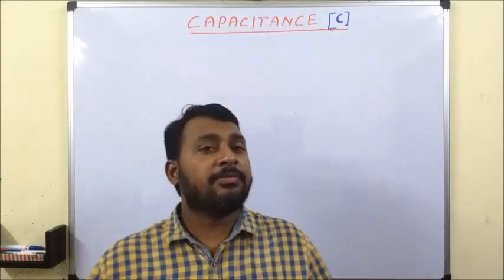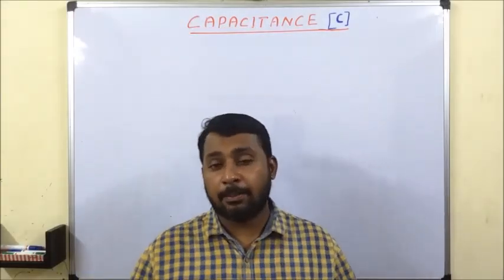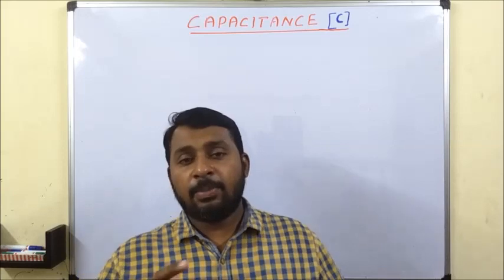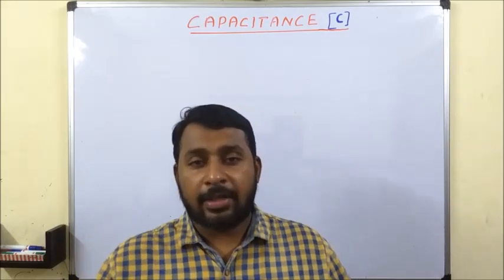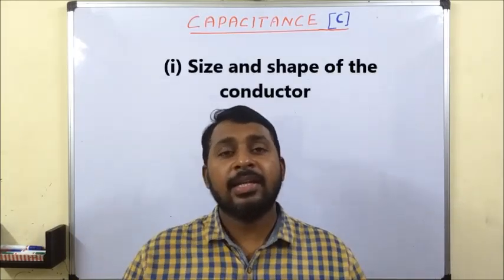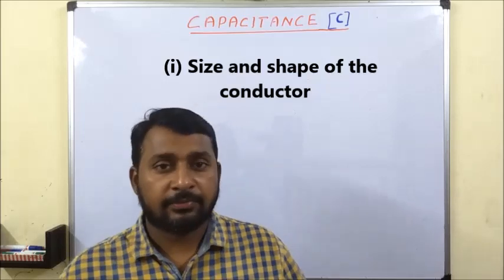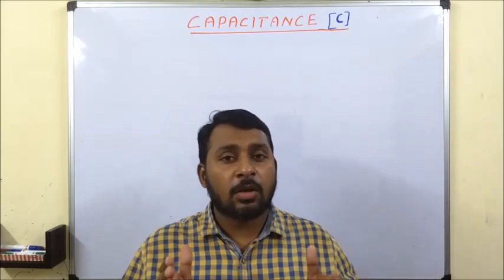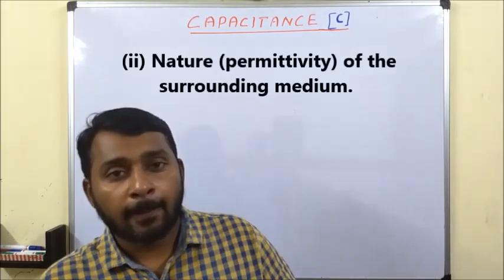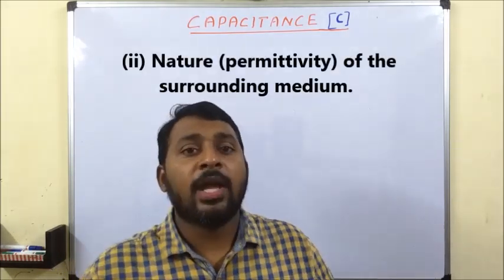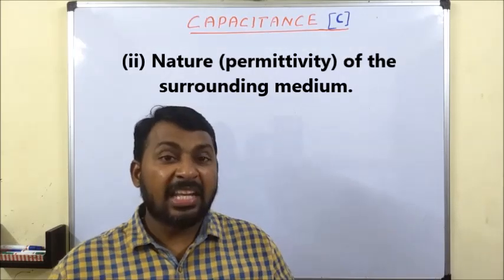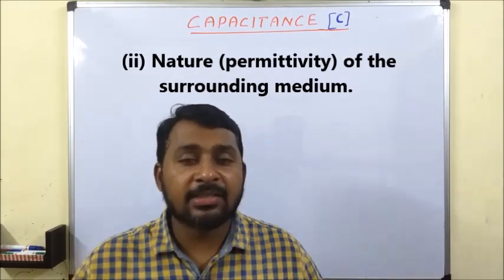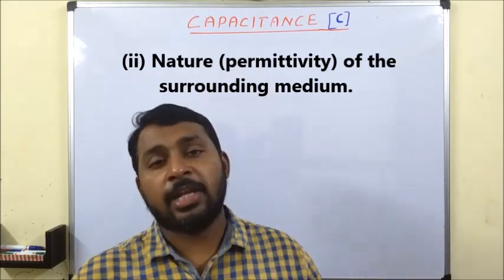The factors affecting the capacitance of a conductor: it depends on a number of factors. The first one is the size and shape of the conductor. The second one is the medium where it is kept, that means the nature of the medium, which means the permittivity of that medium.